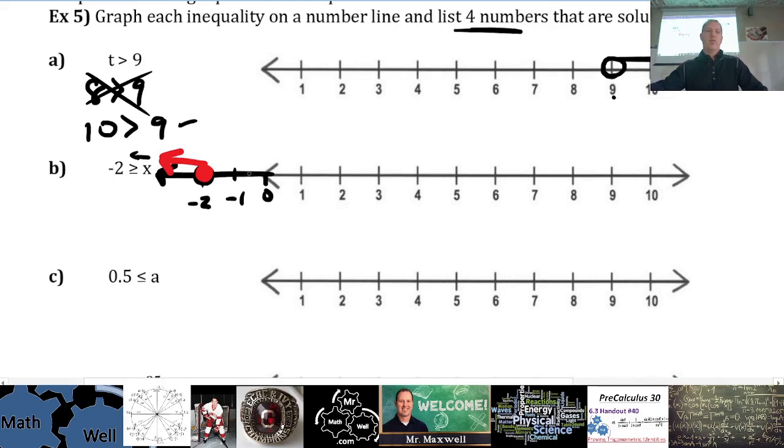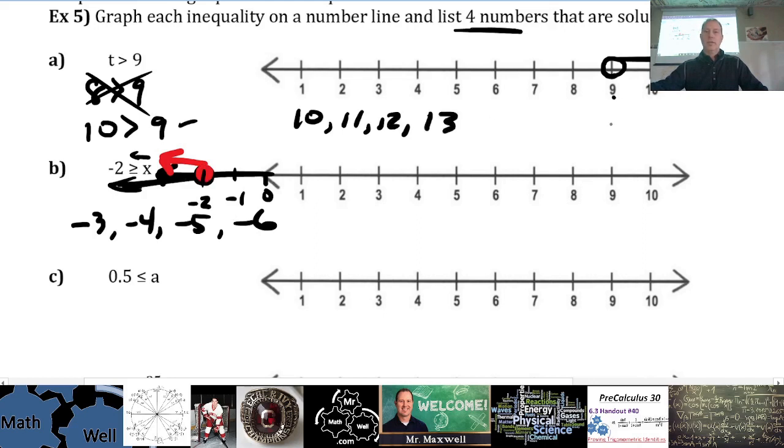For B, 4 numbers that would be included would be -3, -4, -5, and -6. Those are all this way on the number line, right? And over here, we could list 10, 11, 12, and 13. Or any other numbers greater than 9.